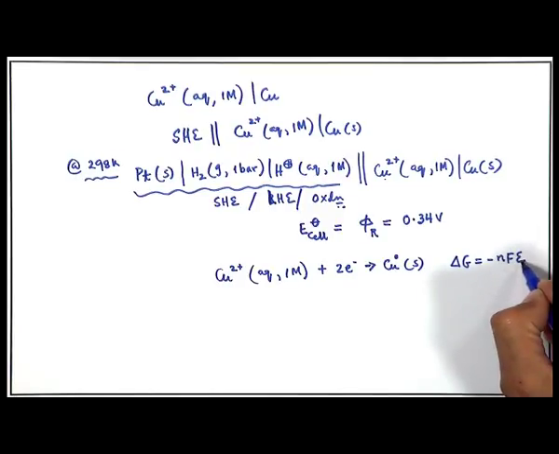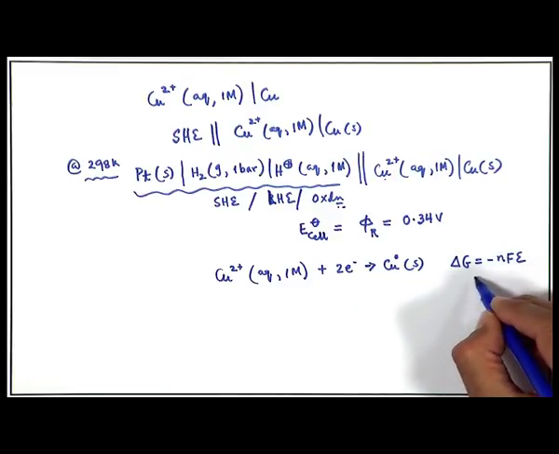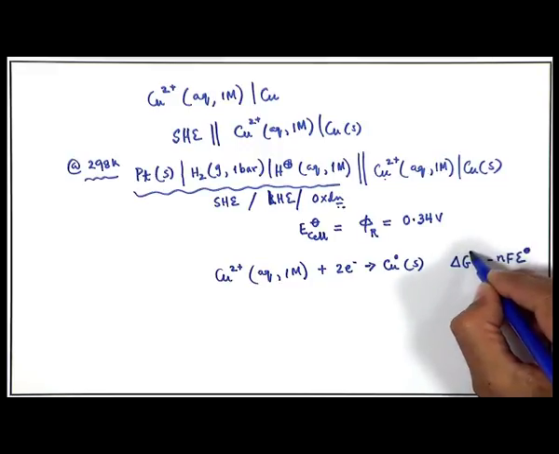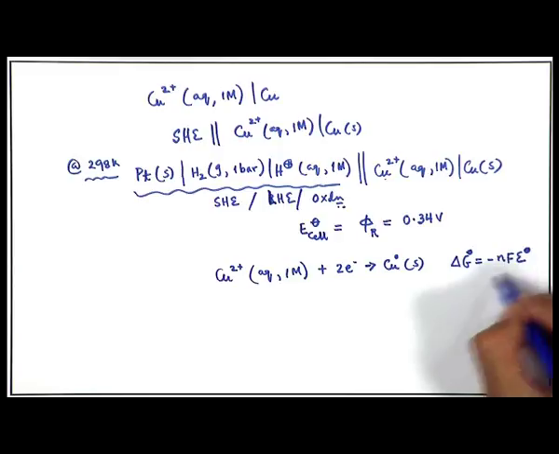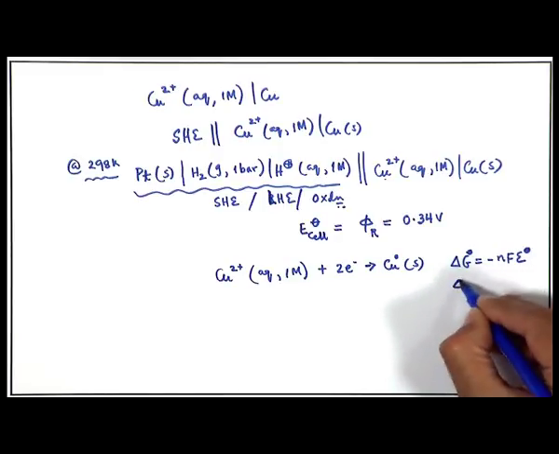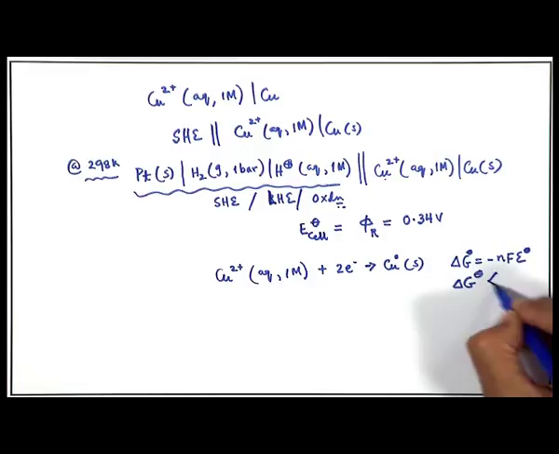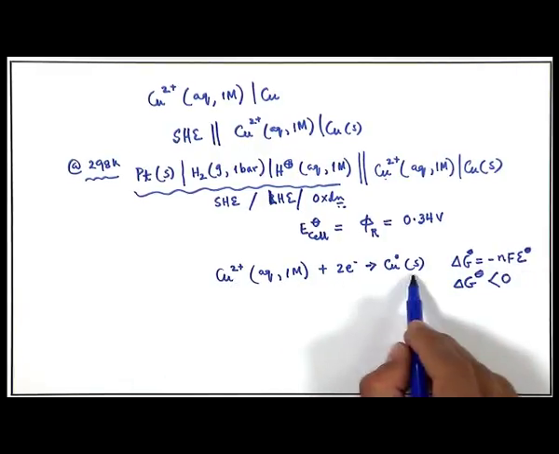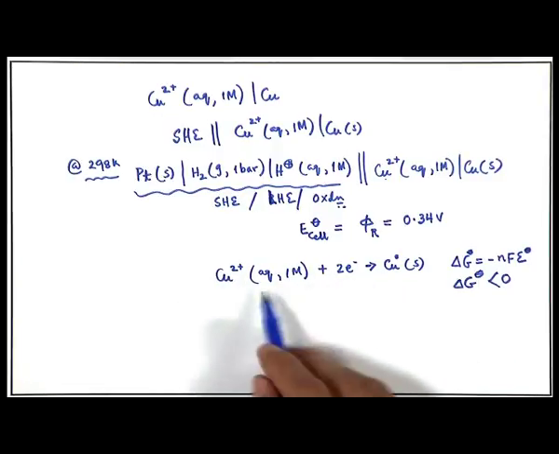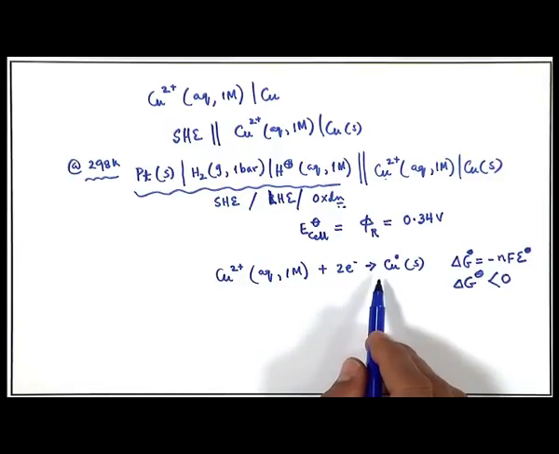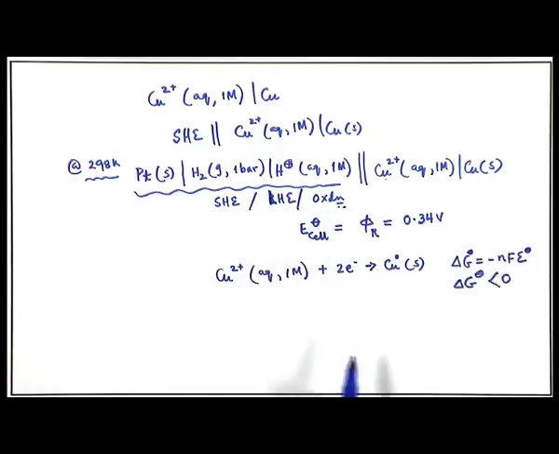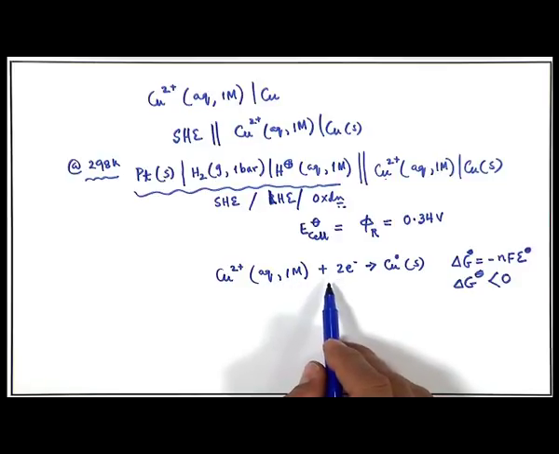Since this E cell is positive, the delta G0 for the process will be negative. So, this process will be spontaneous as it is represented, copper 2+ to copper. It is a spontaneous process under this total cell reaction, where this is the half cell reaction.